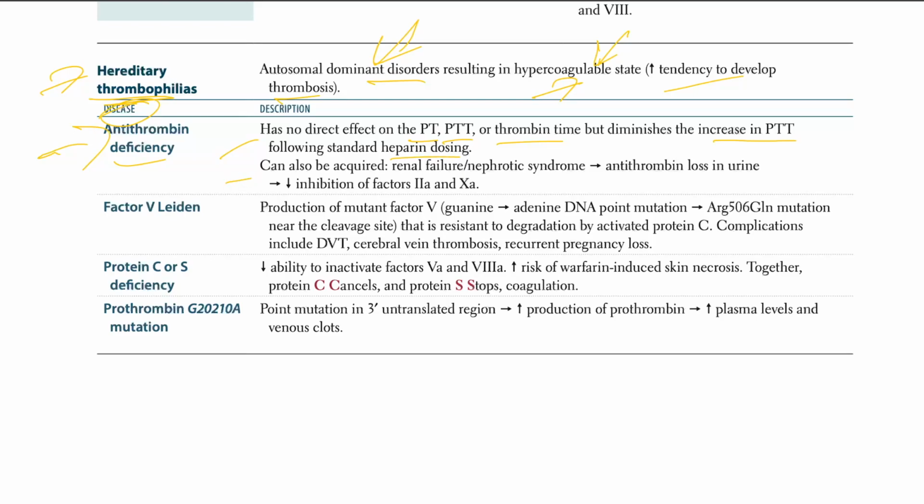It can also be acquired, which would lead to renal failure and nephrotic syndrome, which leads to antithrombin loss in the urine. We know that in nephrotic syndrome we have this, and this leads to decreased inhibition of factor 2A and 10A. Okay, so that's antithrombin deficiency.